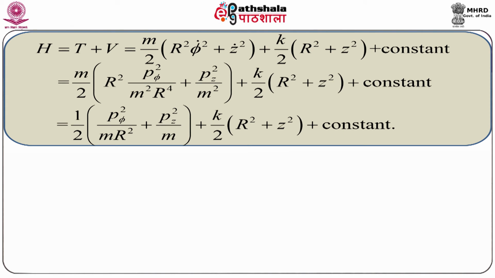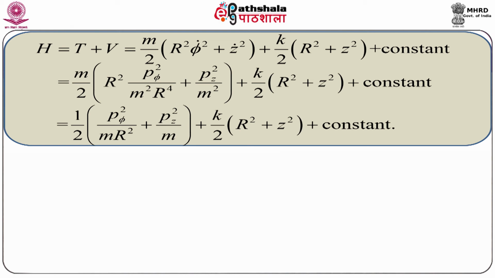Therefore, H equal to m divided by 2 into capital R square phi dot square plus Z dot square, plus k divided by 2 into capital R square plus Z square plus constant, equal to m divided by 2 into capital R square p phi square divided by m square capital R to the power 4 plus pz square divided by m square, plus k divided by 2 into capital R square plus Z square plus constant.